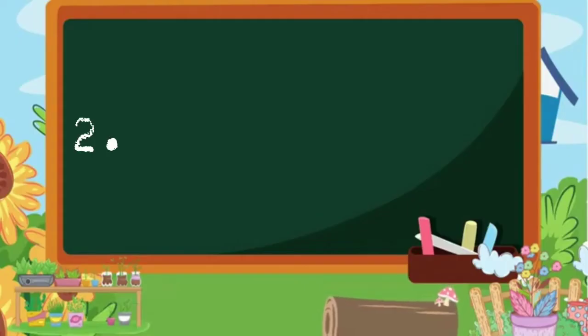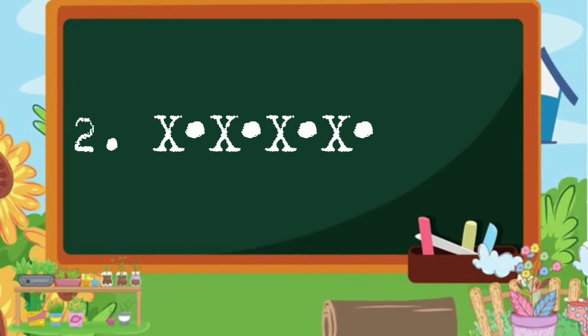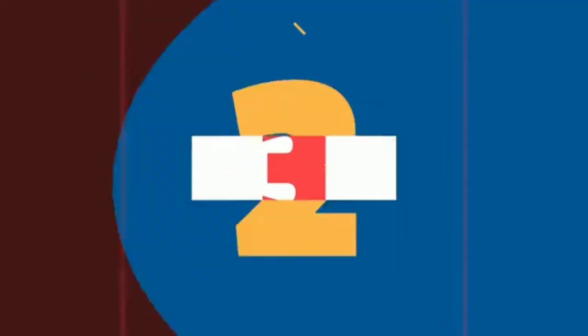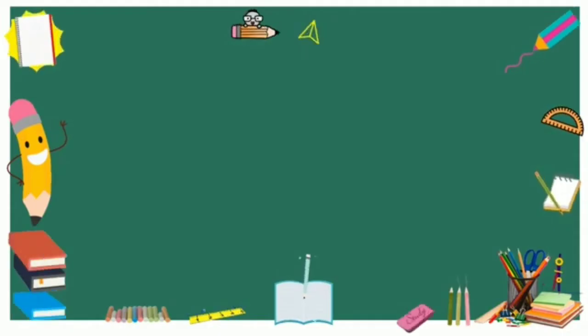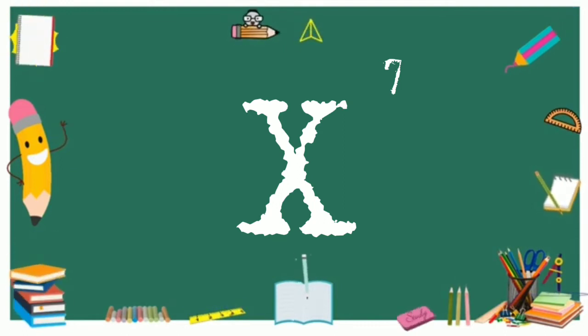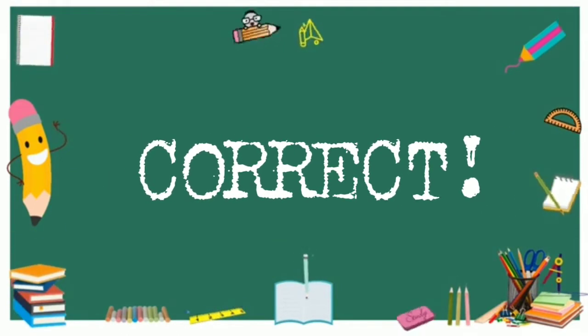Next we have this: x times x times x times x times x times x times x. If your answer is x raised to the power of 7, then your answer is correct.